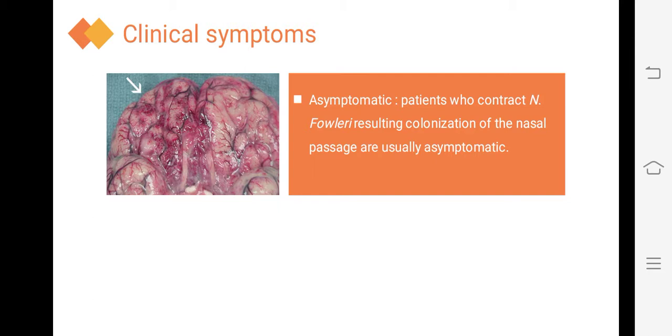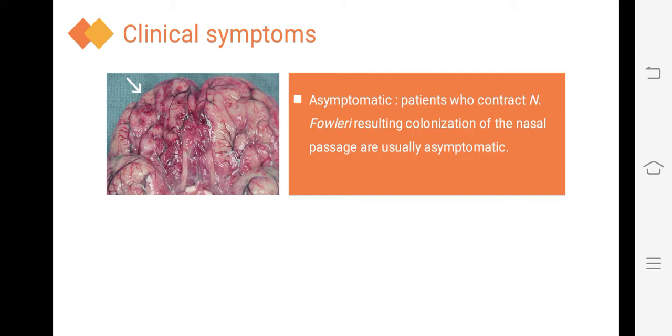The signs and symptoms shown by a patient affected by PAM do not include any symptoms of nasal inflammation, such as nasal pain, bleeding, tenderness of the nose bridge, sneezing, or persistent rhinorrhea, before developing signs of PAM such as meningitis.